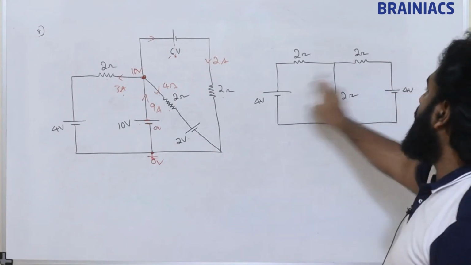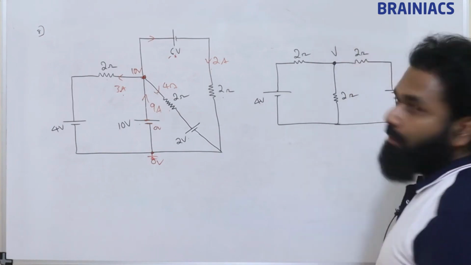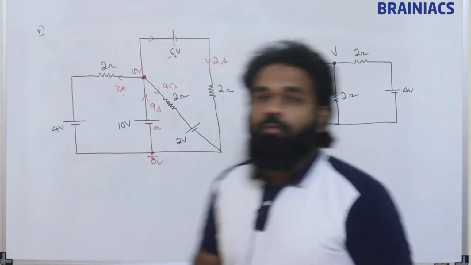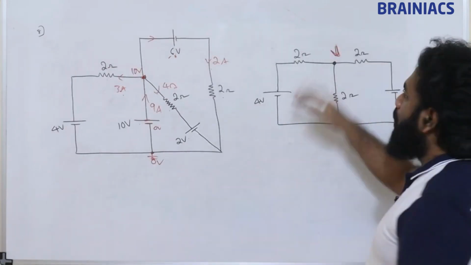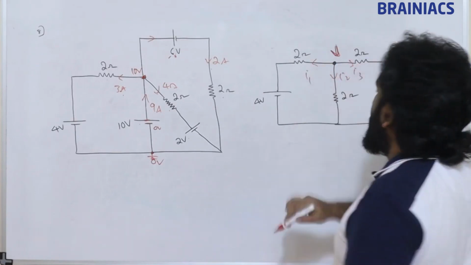Now here we cannot put any node voltage. What will we do? We will consider a V there. Just like in the previous case, we will consider this V as superior to all. So the current will be leaving in each branch.